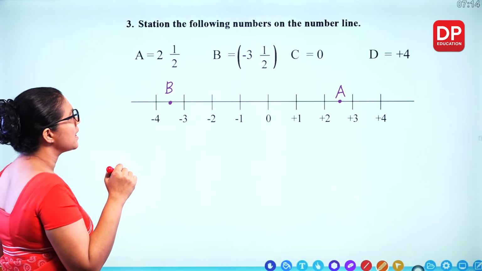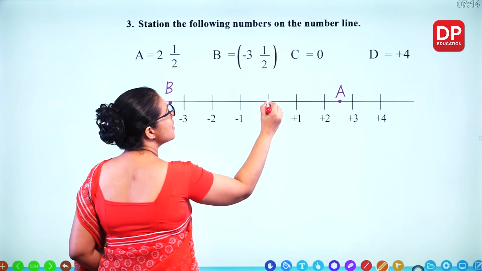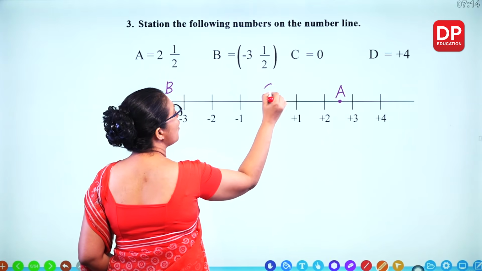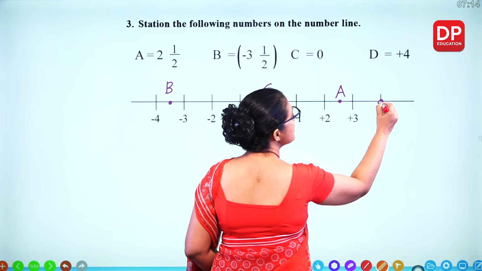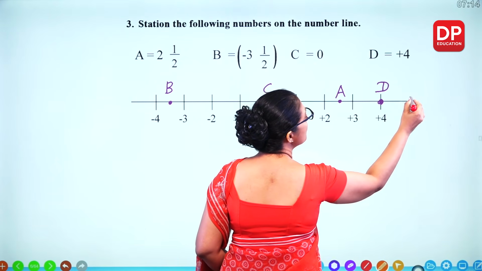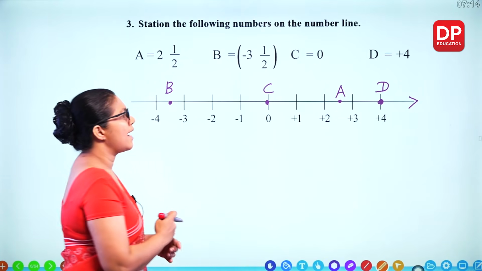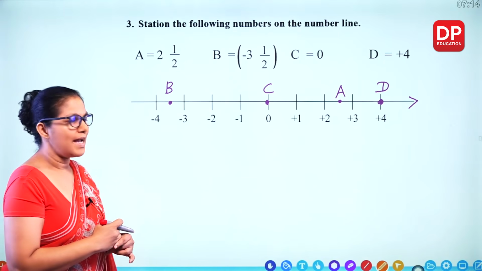That's B. C equals 0. So that's the initial point, C. D is +4. So D is here, and we can put an arrow towards right side. So that's the number line.